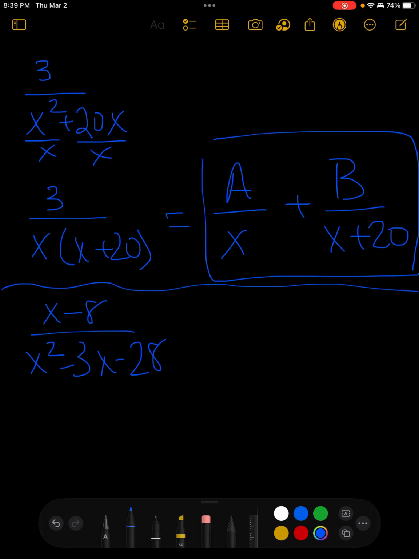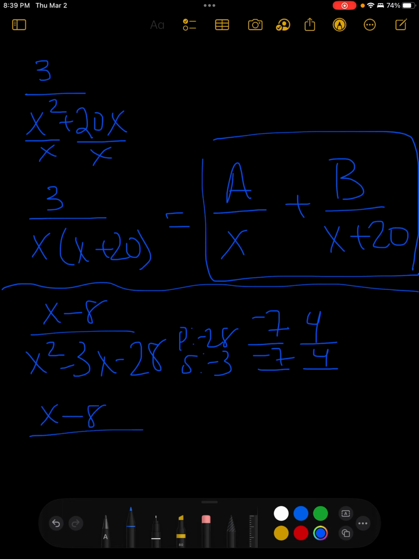I noticed right away it's a trinomial, so we have product and sum. Two numbers that work here would be -7 and +4. And so the denominator turns into x minus 7, x plus 4.